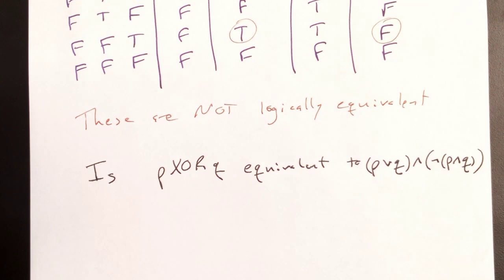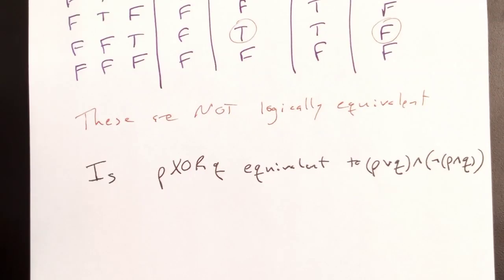Our exclusive or means either P is true or Q is true, but not both, right? What do I say over here on the right? P or Q and not P and Q. P or Q, but not both. Now, this one isn't in here, I think, so I would have to make a truth table for this. I'll leave this as an exercise for you. It's only 4 rows, the shorter one.